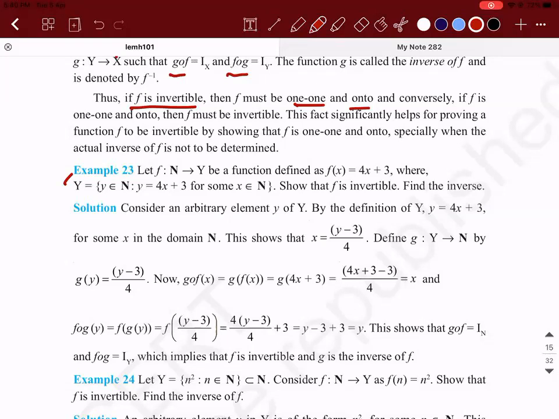Yeah. So you could prove that it is 1 to 1 easily. So 4x1 plus 3 will be equal to 4x2 plus 3, so x1 will be equal to x2. Easy. What about onto?